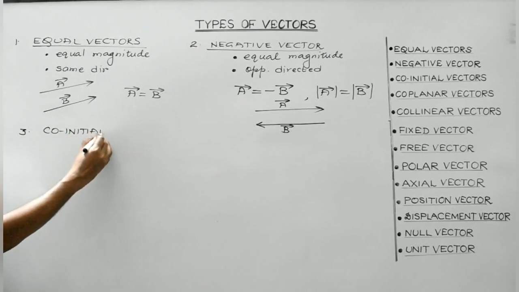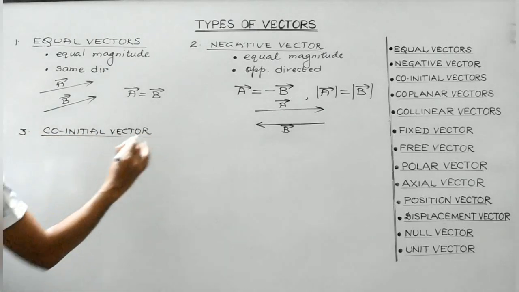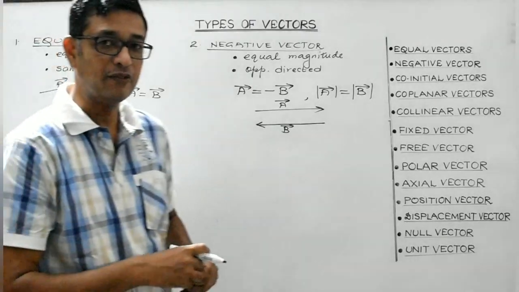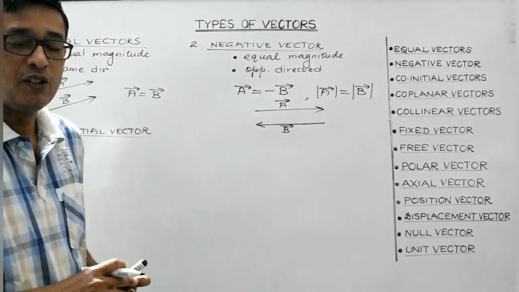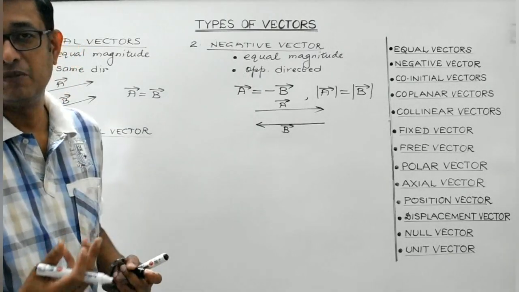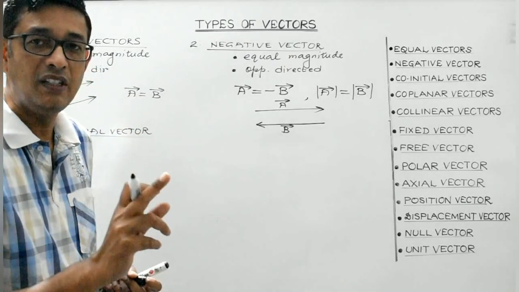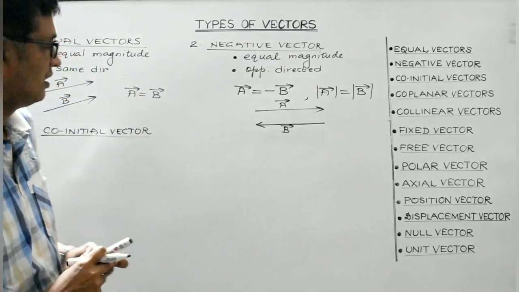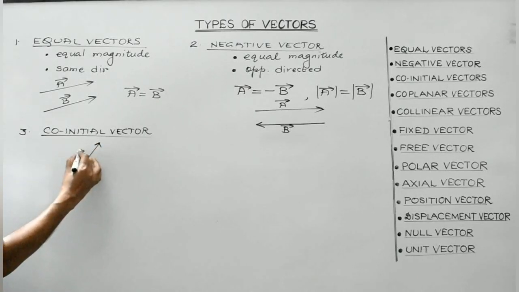Co-initial vectors. It's pretty evident from the topic itself. Co-initial: co means with, together. Initial means starting point. Two or more vectors can be termed as co-initial vectors if they have the same common starting point. Suppose these are different vectors.